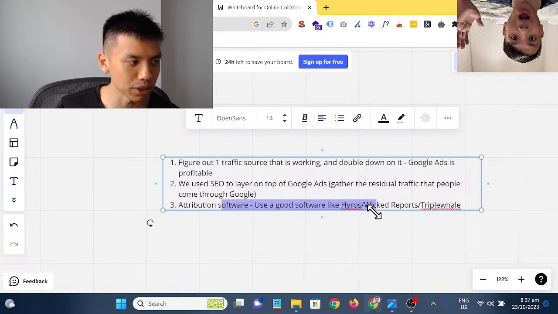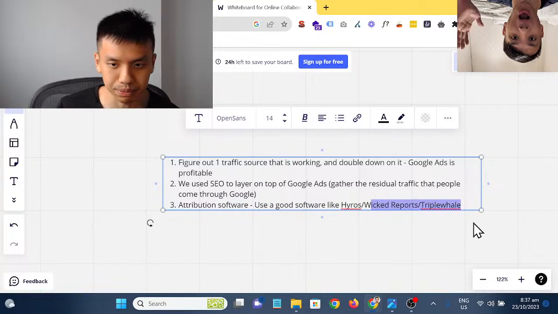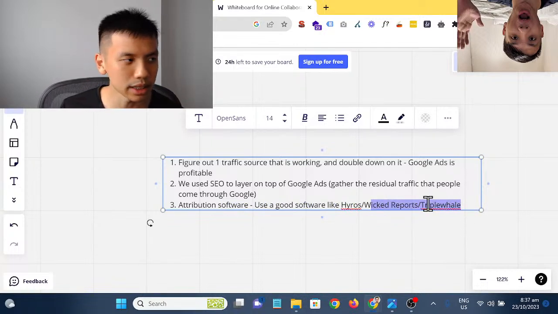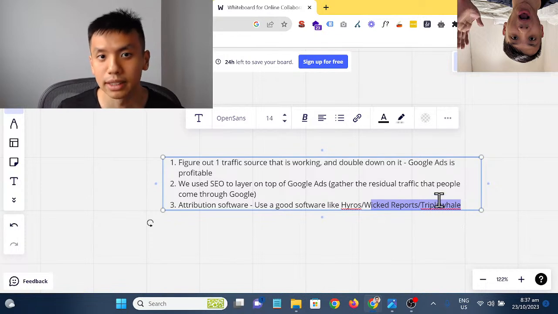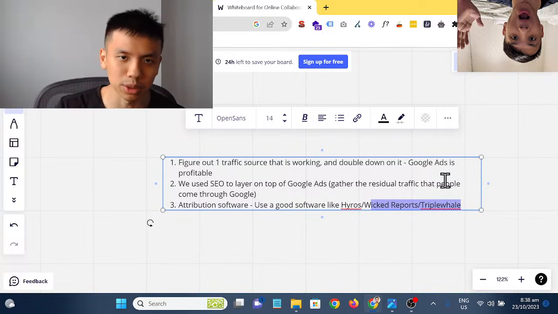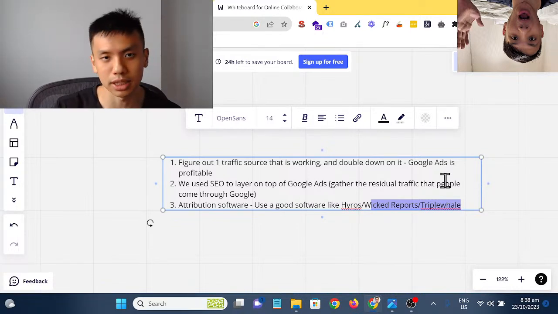So the attribution software, right, you want to use something like ROAS or Wicked Reports or Triple Whale. And the reason why is because Google Ads attribution is really quite bad. Because they take into account things like first click attribution, 30 days impression share, and whether it's Google Ads, Facebook Ads or TikTok Ads, the attribution sucks because they will give you the wrong numbers, right?